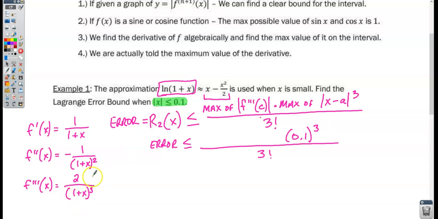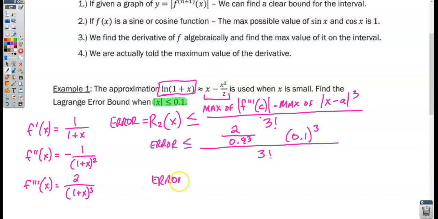If I put negative 0.1 in here, it would be 2 divided by 0.9 to the third power. Now, if you think about what you know about fractions, the smaller the denominator, the bigger the fraction. So we want the value of x that makes this denominator as small as possible. And that is the value that we get when we put negative 0.1 in here. And so the maximum of the third derivative is going to be 2 over 0.9 to the third power.